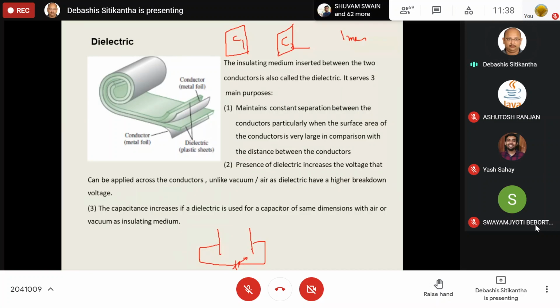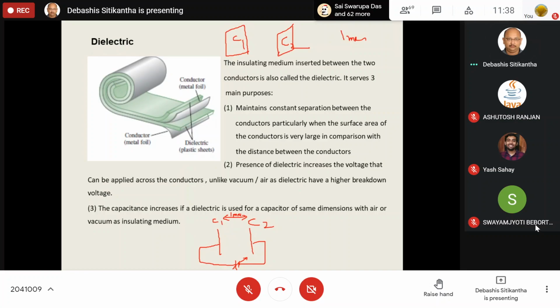Now in between this conductor C1 and C2, there is a gap of, let us say, 1 mm, and in between them there is no dielectric medium except air.